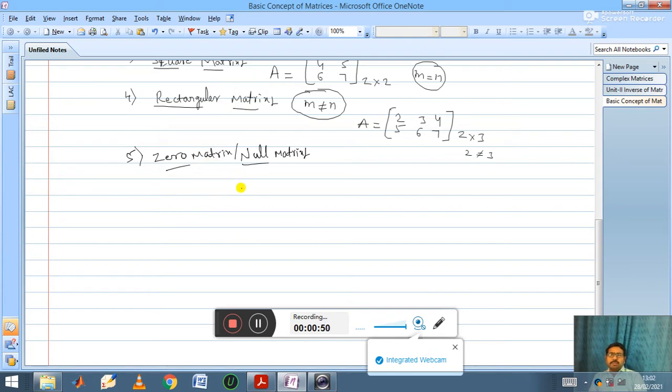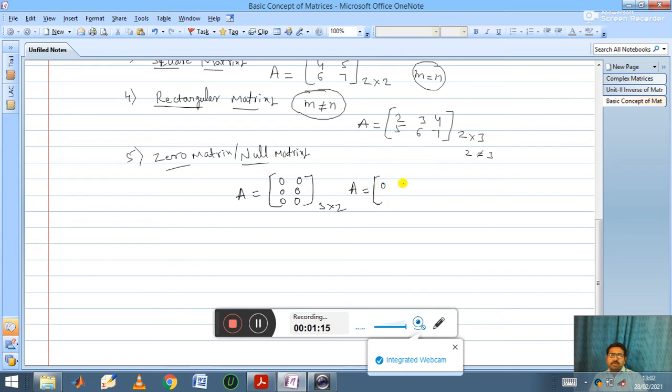Zero matrix means all the entries of a matrix are zero. So let us write 0 0 0 0 0 0. This is a 3 cross 2 matrix, but all the entries of the matrix are 0. Therefore it is a zero matrix, or we can also say null matrix.